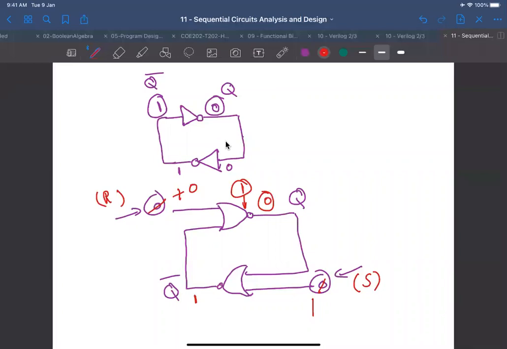This is going to be a 1 ORed with a 0, which is a 1, and then after the bubble it becomes a 0. And then 0 ORed with 0 is 0. After the bubble it's 1. So this is my set input, definitely.